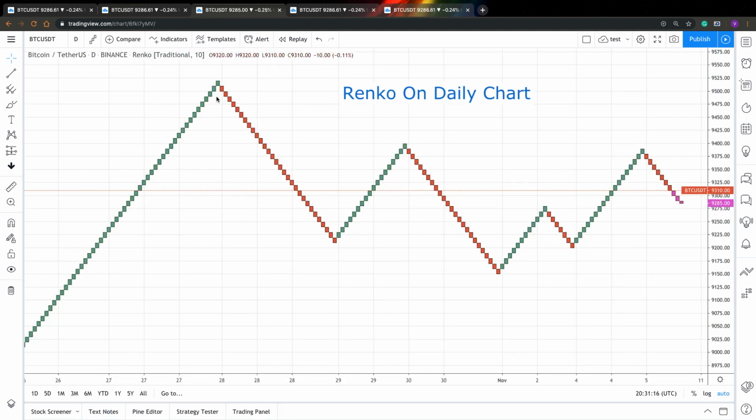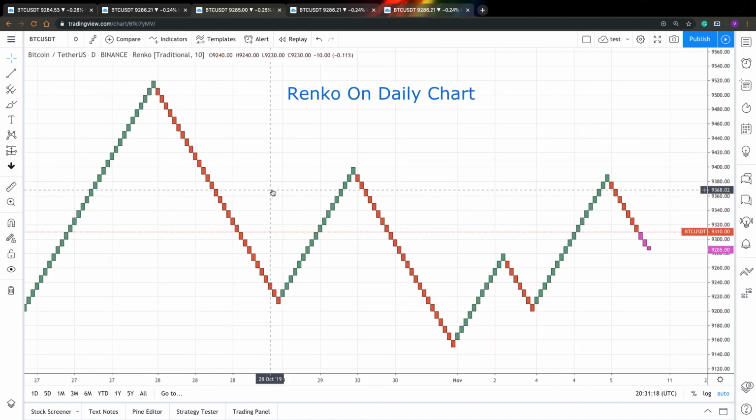Now let's go to the Renko chart. In trading, you try not to run any strategies on non-default candles. The problem is that the open, high, low, close of these candles are calculated and are not real.